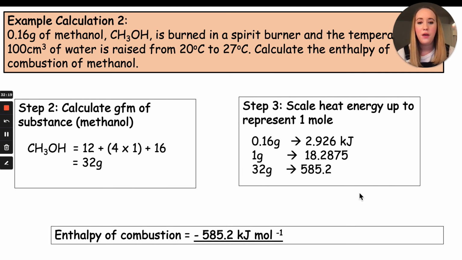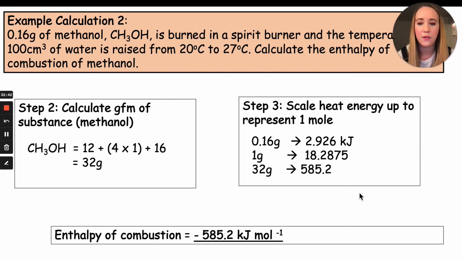Okay, so we've had a look at a couple of example questions working out enthalpy of combustion from different starting data. You should, as I said, be fairly familiar with the Eh equals c m delta T part from National 5.